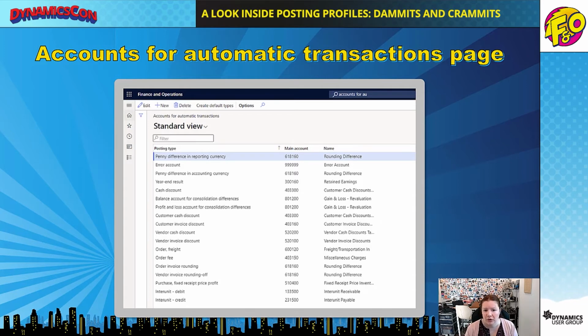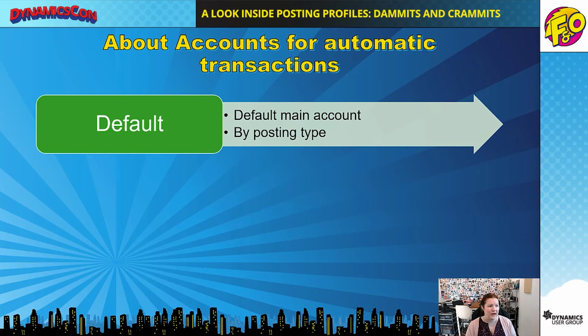Then, for each row, you can select a main account to be used in the grid. Let's talk a little bit more about what is created automatically. Again, this page is used to define the default main account to be used for each posting. While most posting types can be configured in a module or a feature-specific page, some posting types can only be configured in this page.